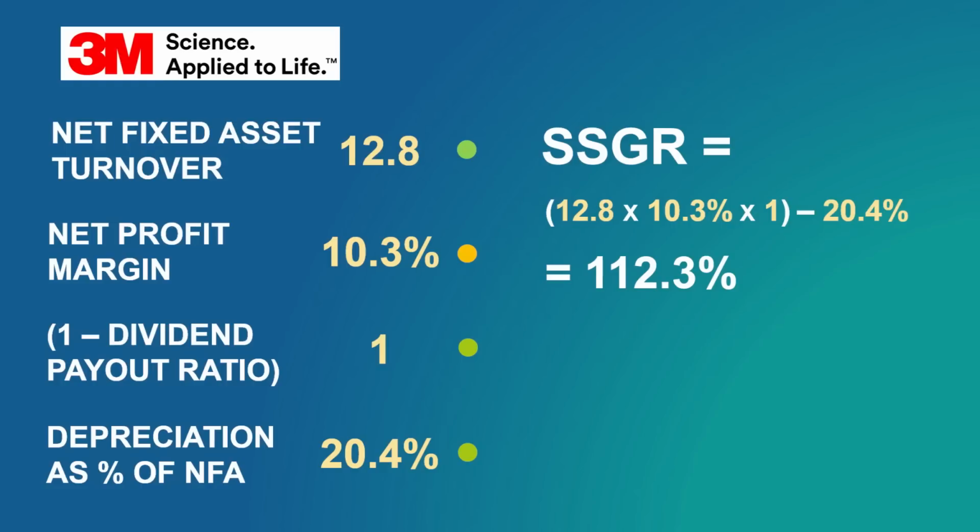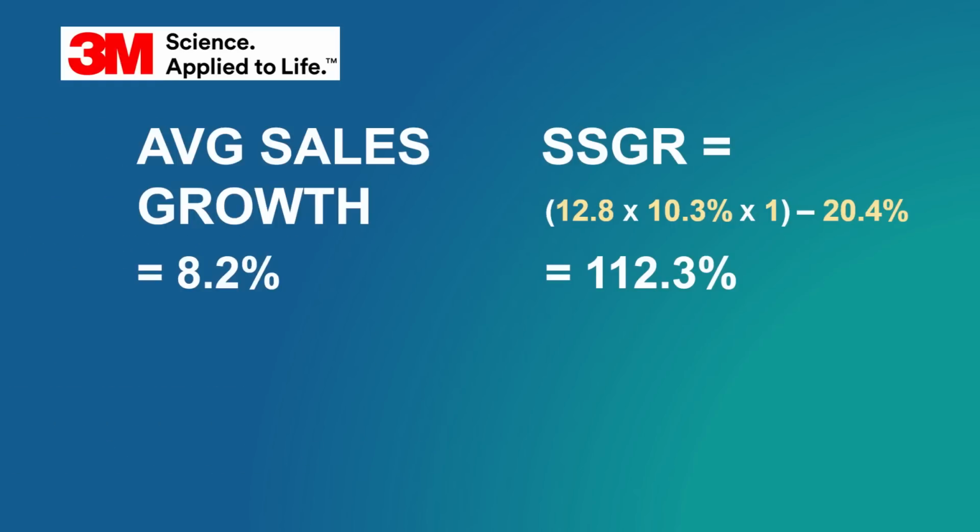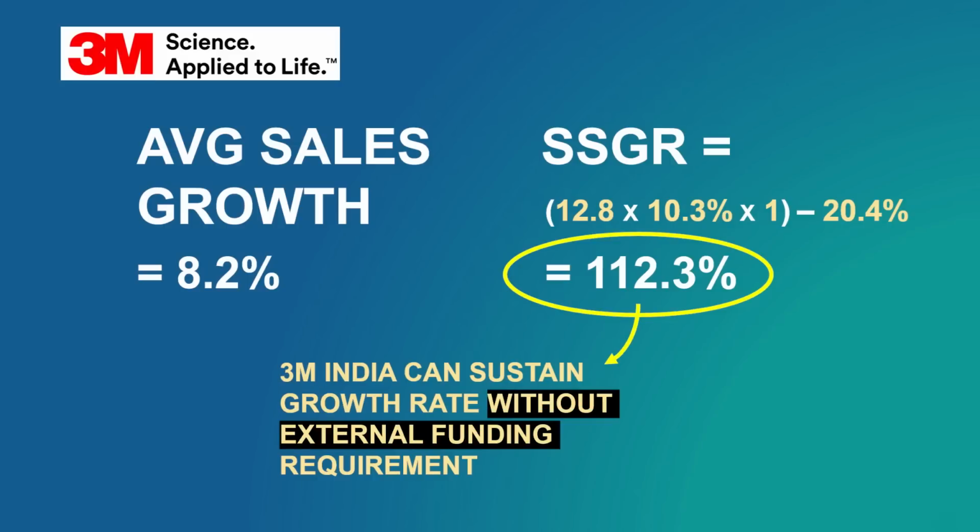Computing the numbers, this gives us an SSGR of 112%, which is a lot higher than the company's sales growth over the past few years. So essentially, this indicates that 3M India Limited's business model has the ability to generate cash in excess of its requirement, which can then help the company sustain its current growth rate without needing any external funding in the foreseeable future.